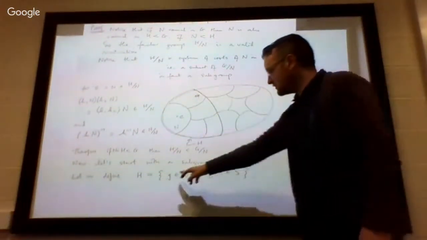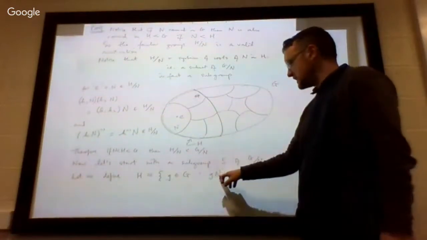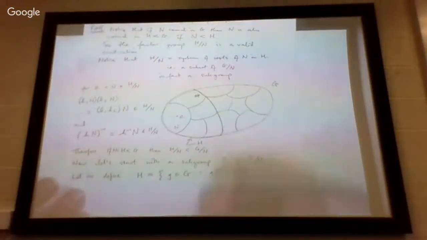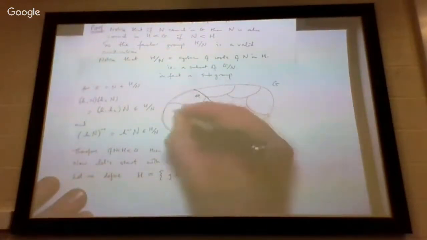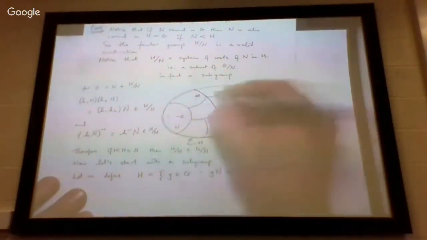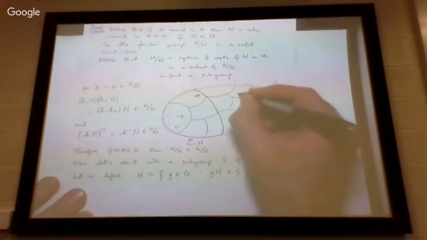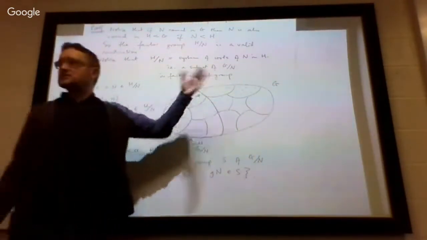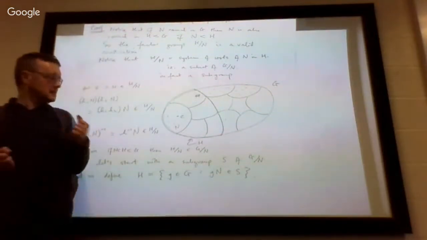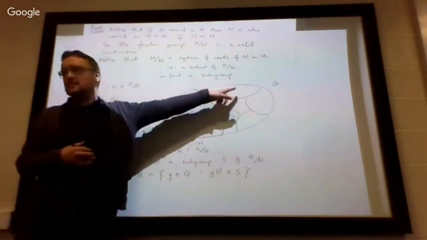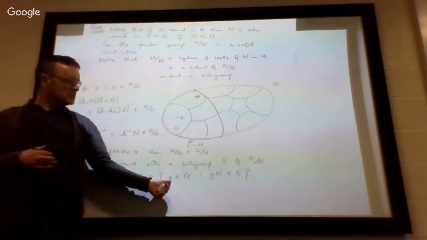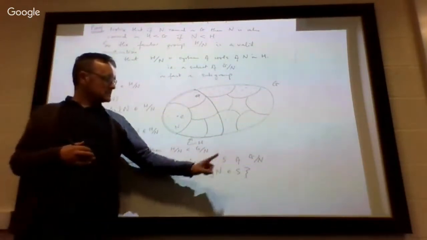All of the elements of G which represent cosets within S. So let's say S was this coset, has to contain the identity, this coset, this coset, this coset. Let's say S was the subgroup formed by these four elements, suppose. Then H is the set of all these dots that I've now marked. All the elements of G which represent cosets within S.